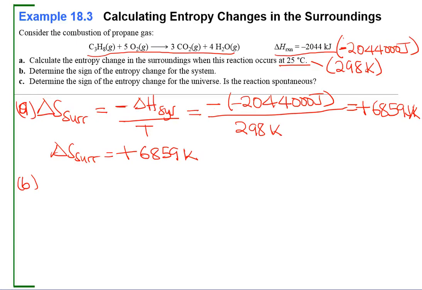Question B says determine the sign of the entropy change for the system. To approach this question, you need to look at the reaction equation.